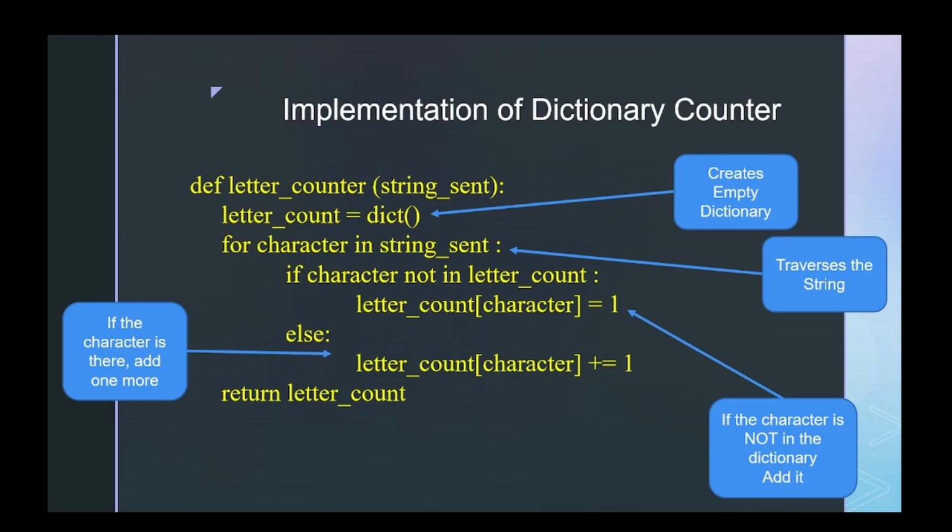So here we'd say letter count of character plus equals 1, and that will take whatever value's in there and add 1 more to it. Finally, this function is going to return the dictionary with your keys being the characters and the values being the number of times that character appears in the string that was sent.